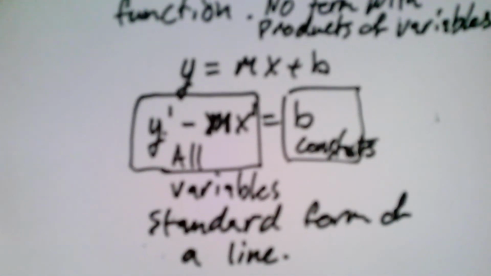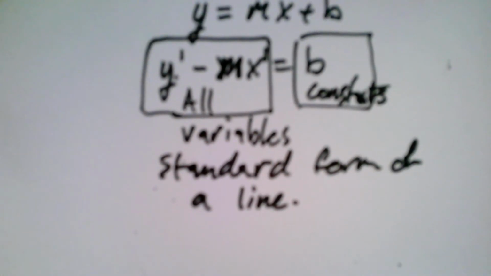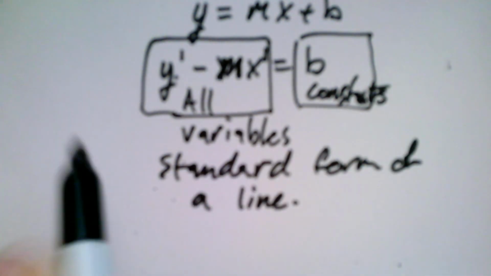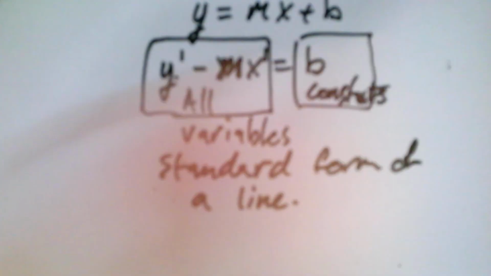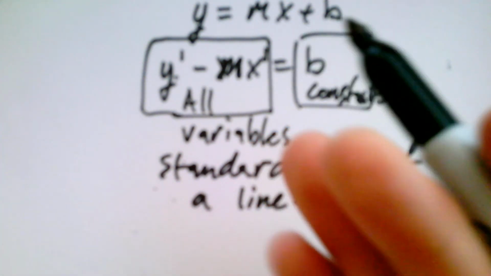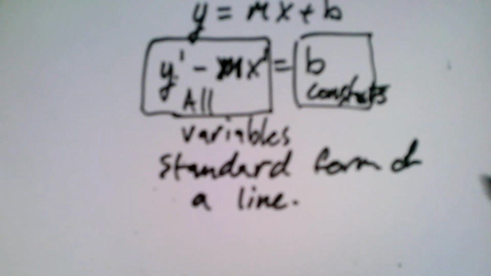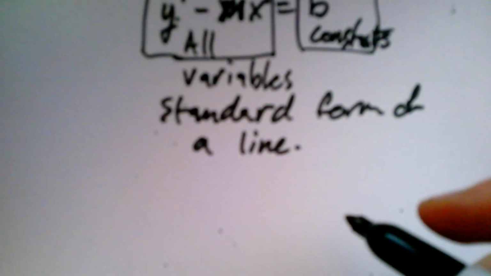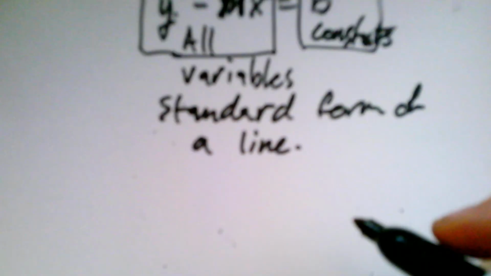Okay. So if we have this idea of a standard form of a line, which is all of our variables on one side, each variable raised to the first power, no two variables multiplied by each other, and the other side we have constants, then we can generalize to multidimensional linear functions.